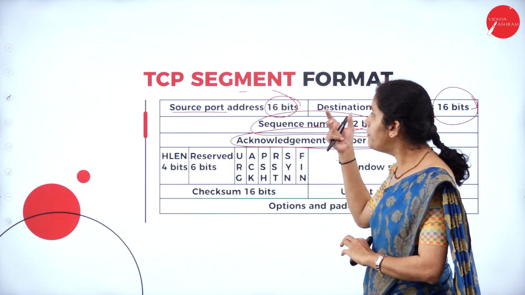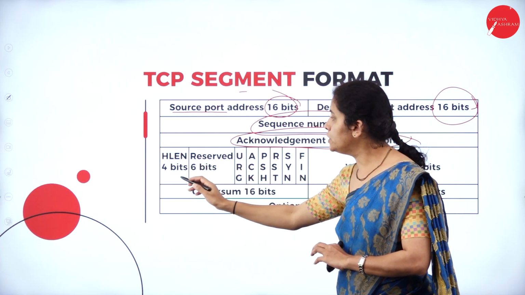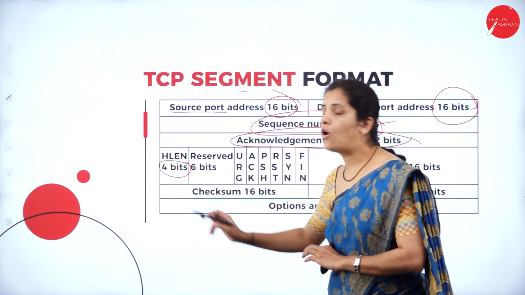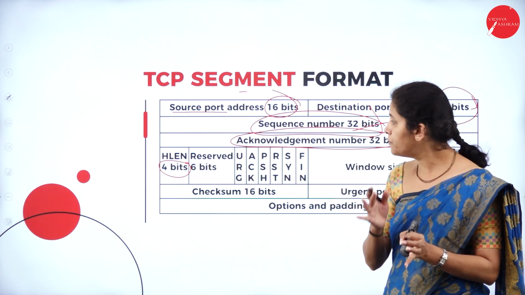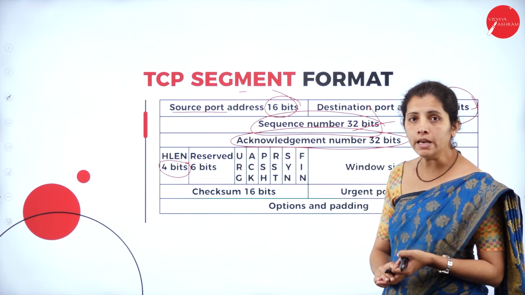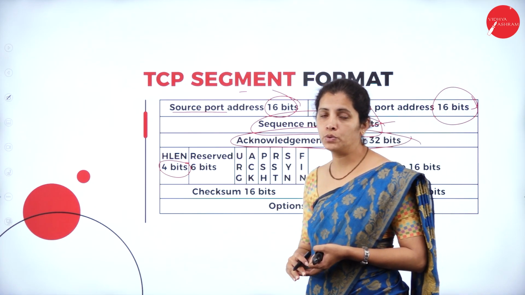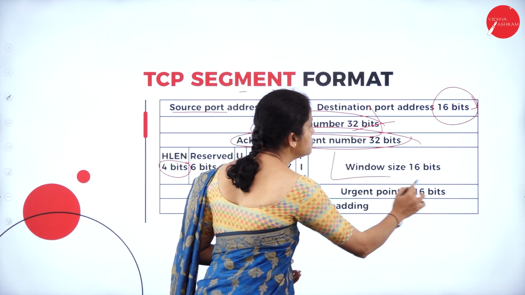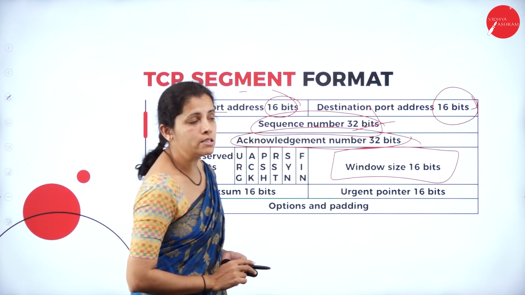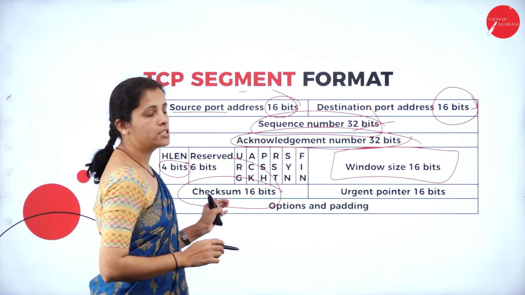Then, the next 16 bits are classified into 4 bits of header length, and the remaining 6 bits are reserved for future use. Now, the size of the window is 16 bits, and it provides the checksum.